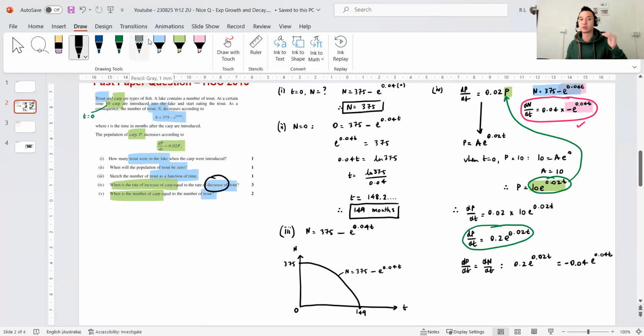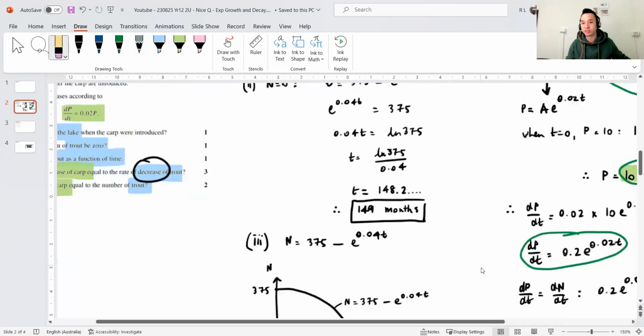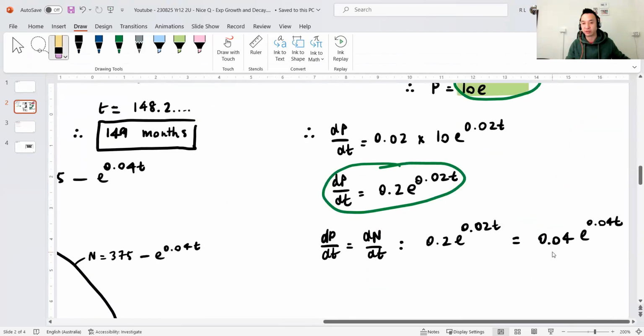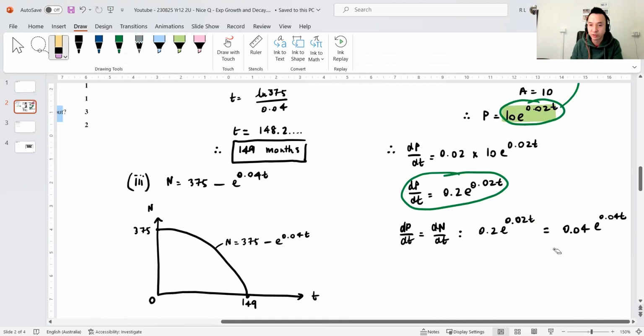But it already says, when is the rate of increase, assuming it's positive, equal to the rate of decrease, so you don't actually need a negative here. The rate of decrease is 0.04, it's already got the negative in front of there. So I guess what I'm trying to say is don't need the negative there.